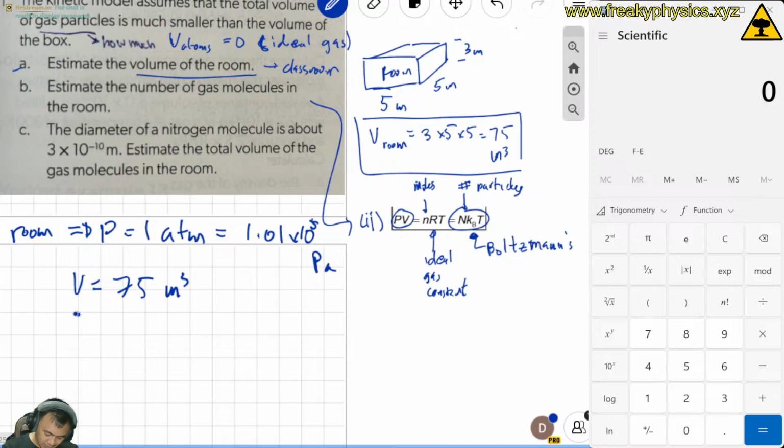Again, you're looking for N. KB is given. It has a value in the data booklet, right? And finally, T. Well, again, you're in a room, so you're gonna use room temperature. The temperature of a room is around 300 Kelvin.